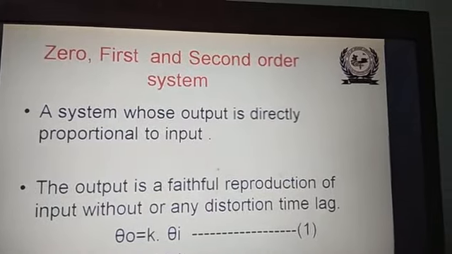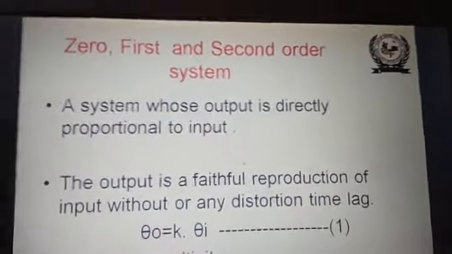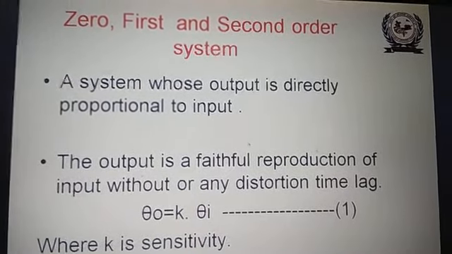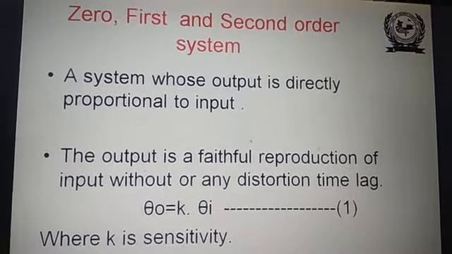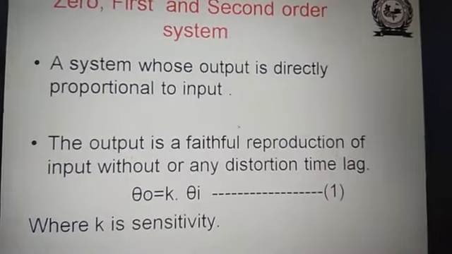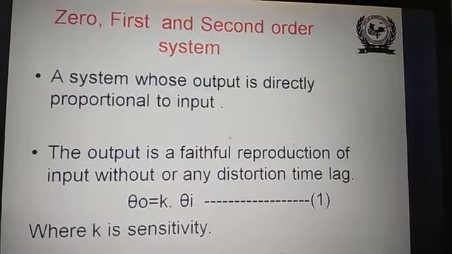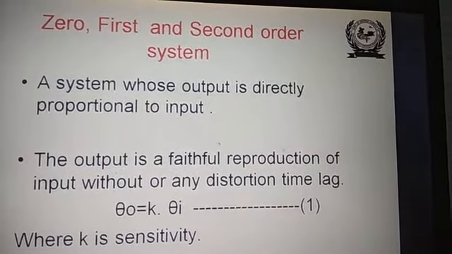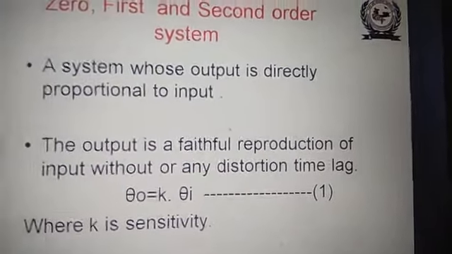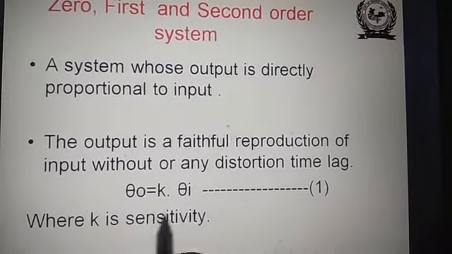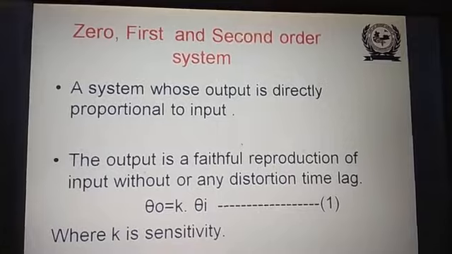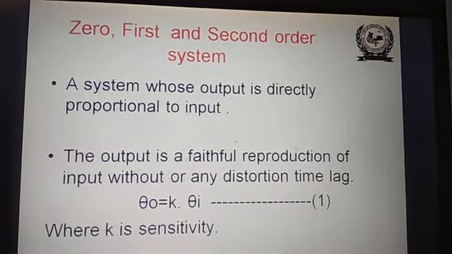Then zeroth order, first order and second order systems. A zeroth order system is one whose output is directly proportional to input. The output is a faithful reproduction of the input without any distortion or time lag. This is given by theta naught is equal to k into theta I, where k is the sensitivity, theta I is the input, and theta naught is the output.